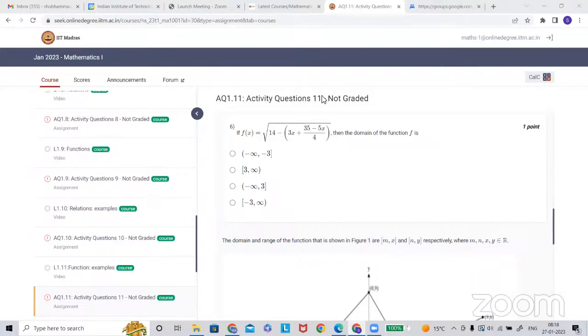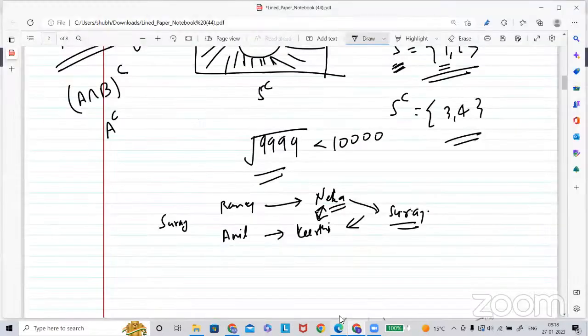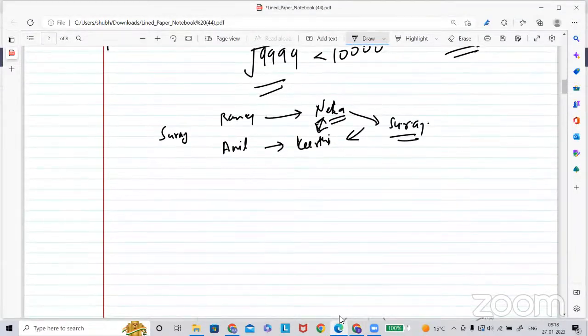Could you write it a bit and explain how we will actually do this? Yeah, I will slowly explain. What do you mean by a function given as some root over some expression? That expression needs to be positive under the root.